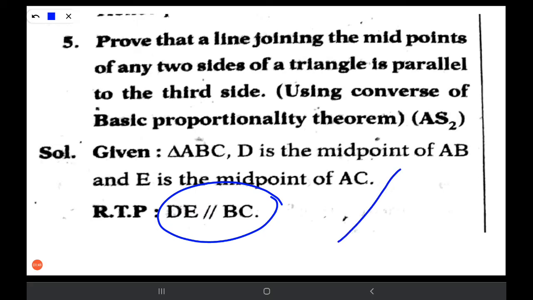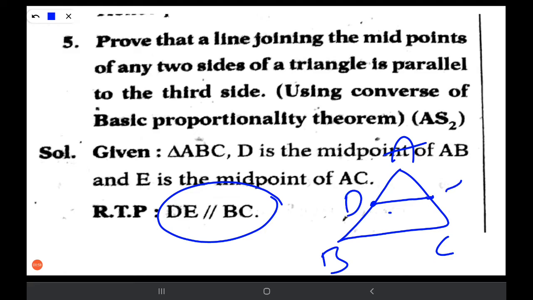Suppose ABC is a triangle, and these are the two midpoints, D and E. We have to prove this is parallel to BC. It means DE is parallel to BC. We have to prove that here.